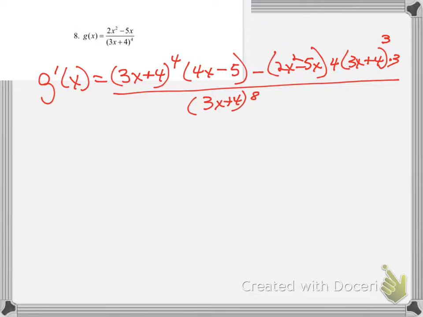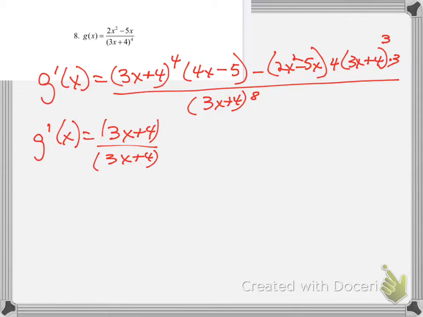Okay, so we all probably recognize the rule of 3 again. So factor out 3x plus 4 over 3x plus 4, both raised to the 3rd. So that's a factor and cancel. Then 3x plus 4 to the 5th is on the bottom.